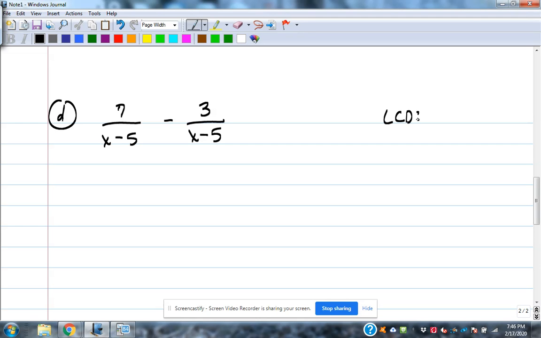I like it. Why do I like it so much? It's already got the same denominator. When it has the same denominator already, I don't have to do any work to find that least common denominator. It's already there. So I just do the math. 7 minus 3 is 4 over x minus 5. And that's all I've got to do for that, because the denominator was already the same. They had the matching binomial factor.